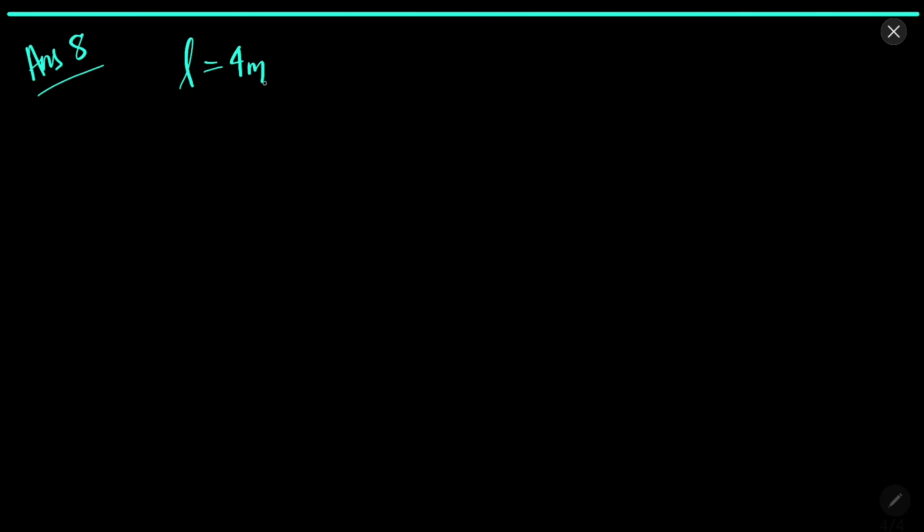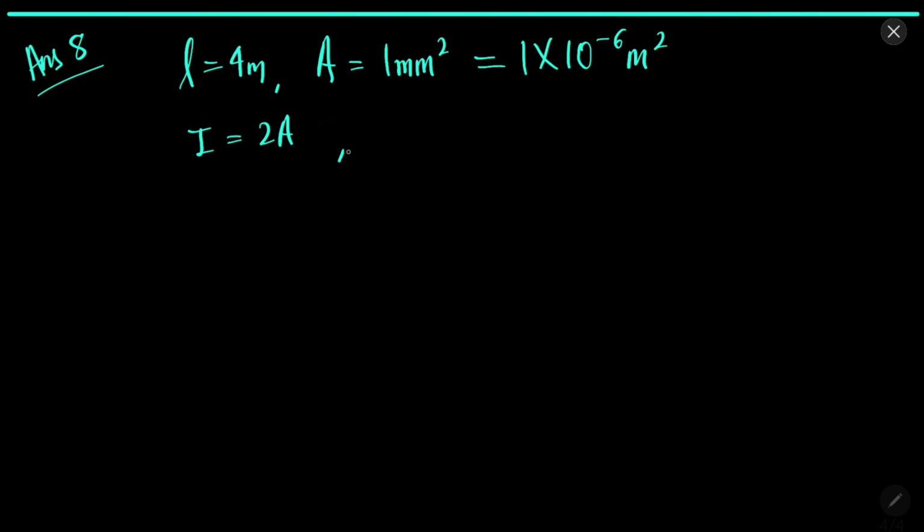Length is 4 meter, area is 1 mm square, that is 1 into 10 to the power minus 6 meter square. Current is 2 ampere and charge per unit volume is 10 to the power 29, and time we need to find.